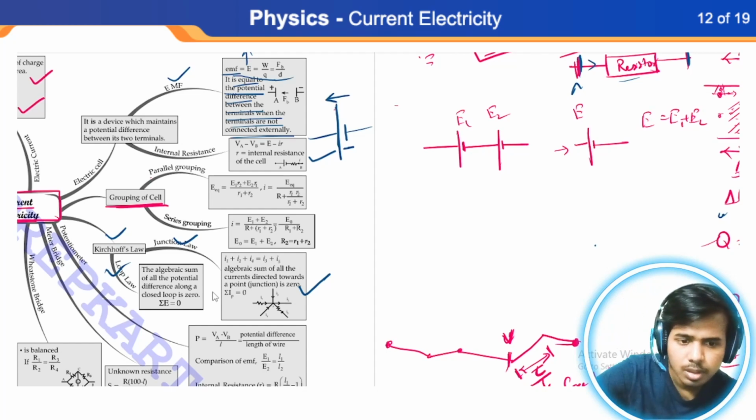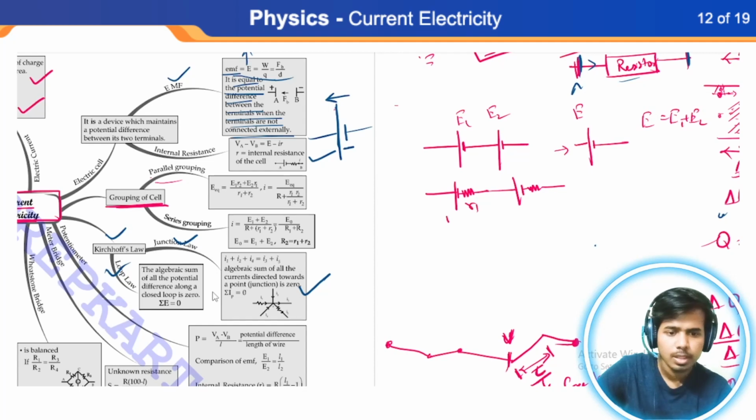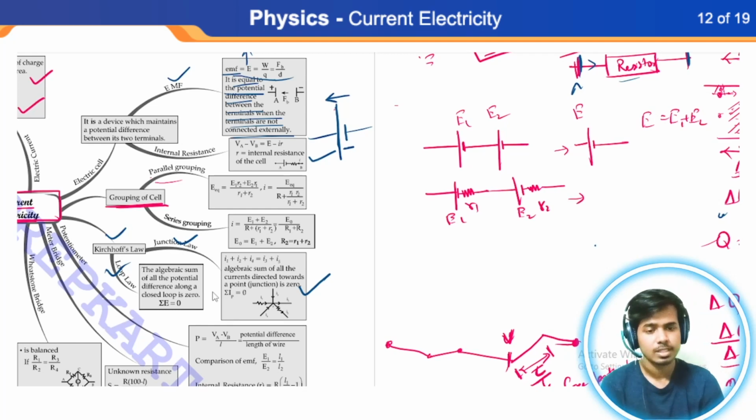Now they have complicated it, and we have considered that it also contains internal resistance. R1, E1, E2, R2. Then what is going to be the case?